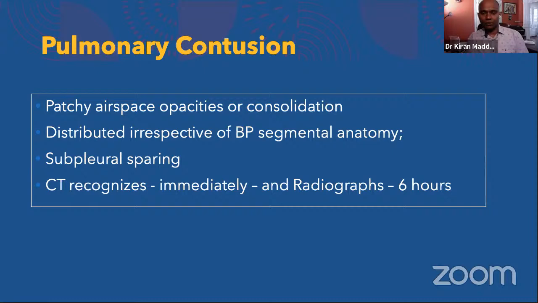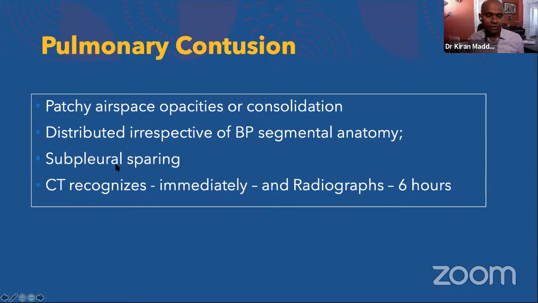It is distributed irrespective of the bronchopulmonary segmental anatomy. The way you differentiate from pneumonia is that pneumonias will have air bronchograms and a segmental distribution, whereas contusion, which is a trauma and a random injury, won't respect any of the bronchopulmonary segments. And this is a subpleural sparing.